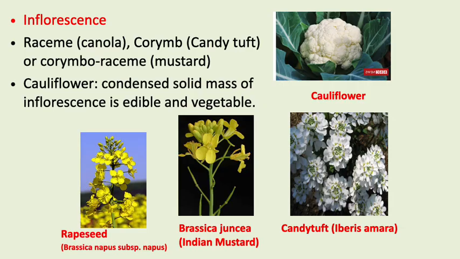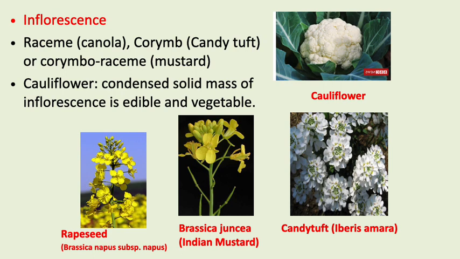Now we will study the floral characters. First, the inflorescence. Inflorescence is raceme as in canola, corymb in candytuft, or corymbose raceme as in mustard. Cauliflower consists of a condensed solid mass of inflorescence which is edible and is usually taken as a vegetable.